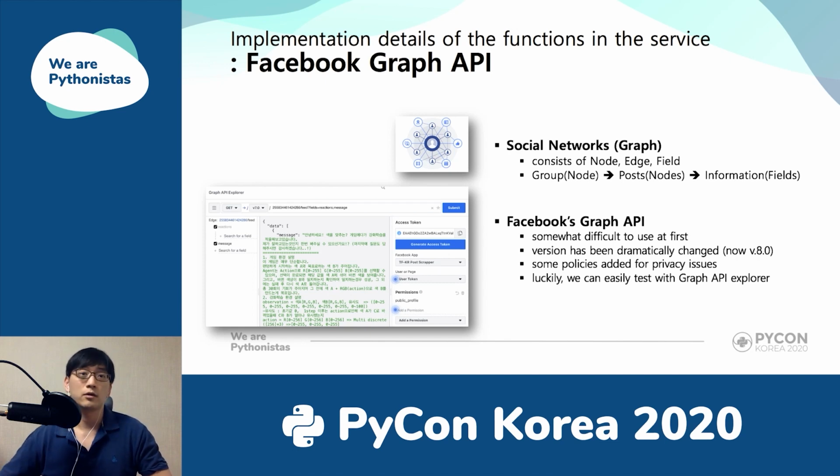But luckily, the only lucky part and hope is that there is a Graph API Explorer. It's a place where you can play with APIs, so please use it whenever possible. That's a tip for developers who want to deal with Facebook API.